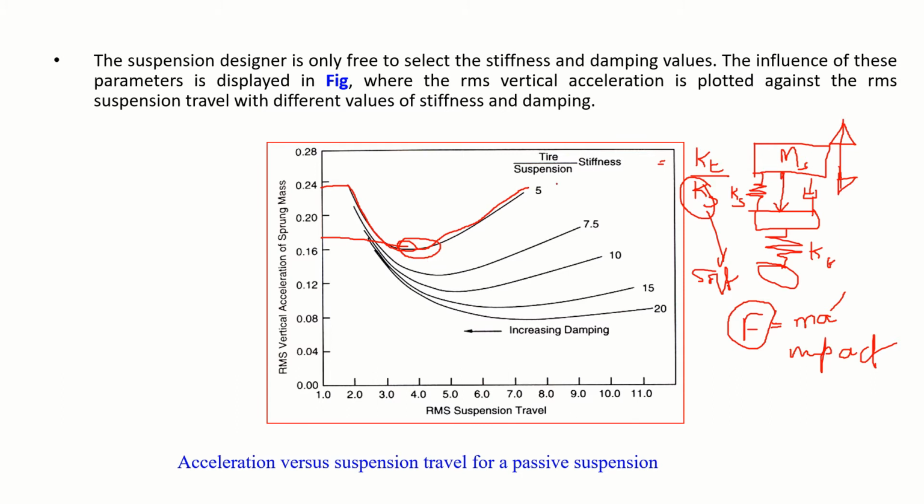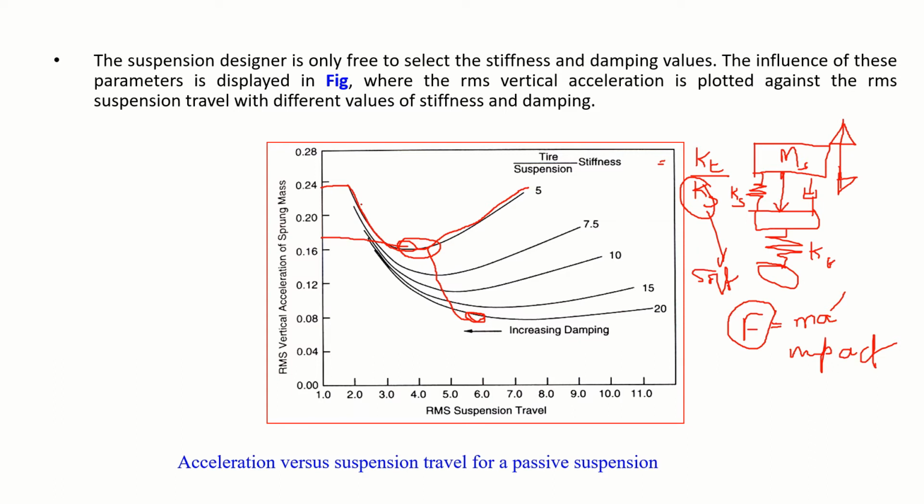Okay, so if I can make the suspension spring softer, it comes down like this. But you can see here, you are increasing the damping also. You are making the spring softer and increasing the damping value, so definitely responsiveness will increase.